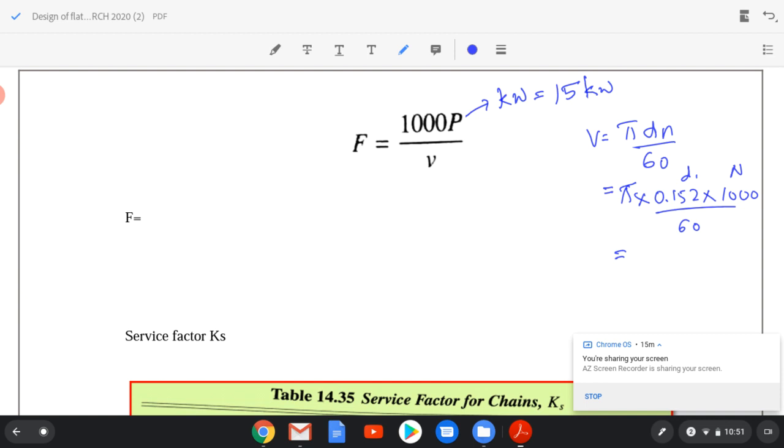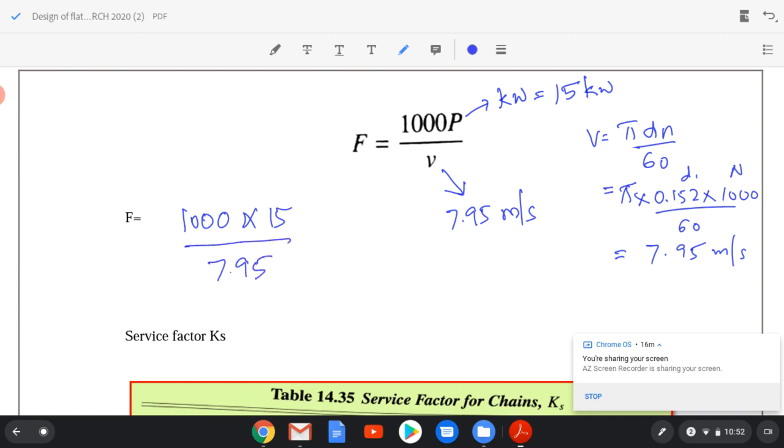That value I will get as 7.95 meters per second. After substitution, I will get 1000 into P equal to 15 divided by 7.95. This value I will get as 1884 Newton. This is the tangential force on the chain.